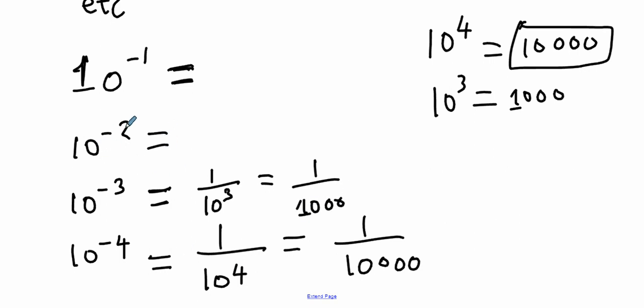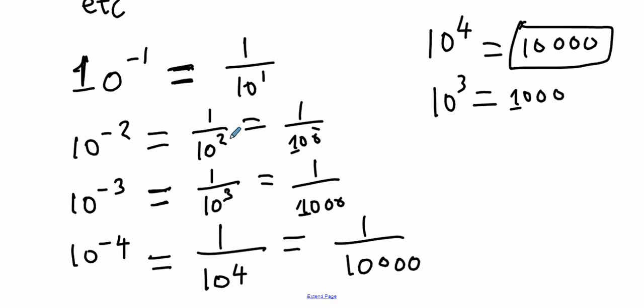How about 10 power negative 2? It is the same as 1 over 10 power 2, the reciprocal of 10 power 2, which is 1 over 100. 10 power negative 1 is the same as the reciprocal of 10 power positive 1, which is 1 over 10.